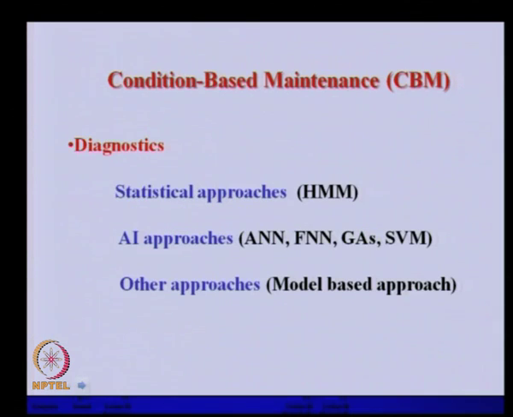For diagnostics, we have different statistical approaches like hidden Markov process, artificial intelligence approaches, artificial neural network, genetic algorithm, support vector machine, and other applications like model based. For various kinds of fault like unbalance and misalignment, we can have a mathematical model.